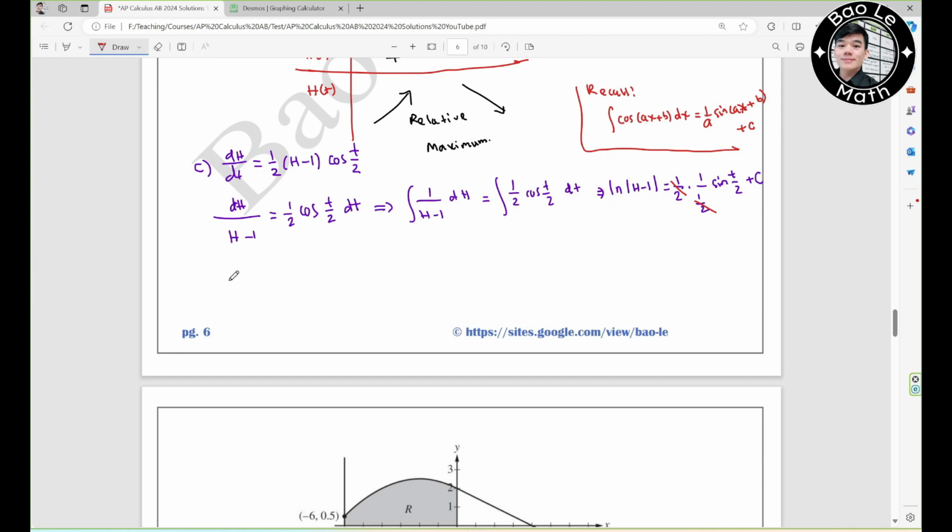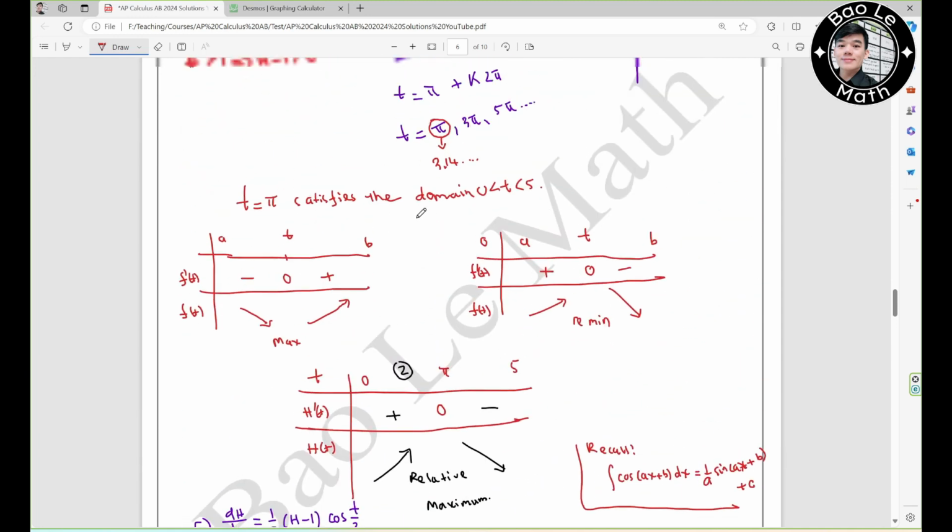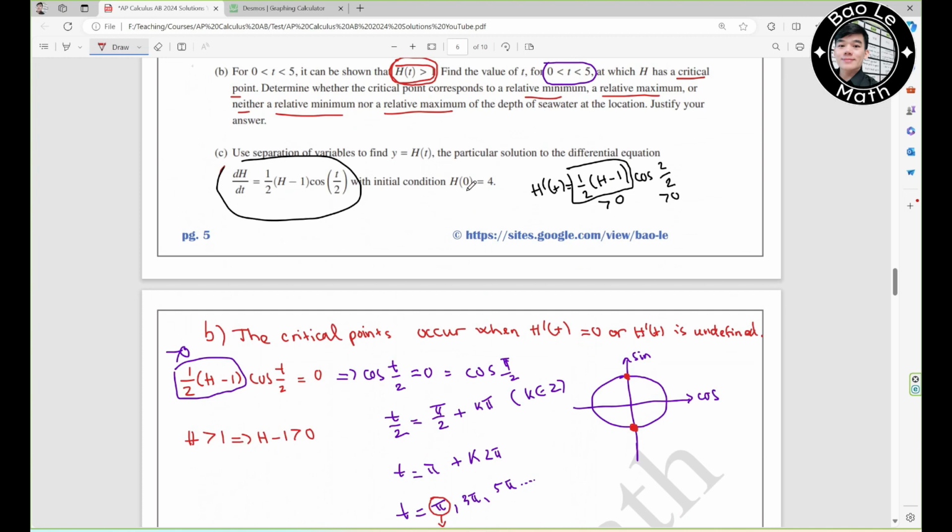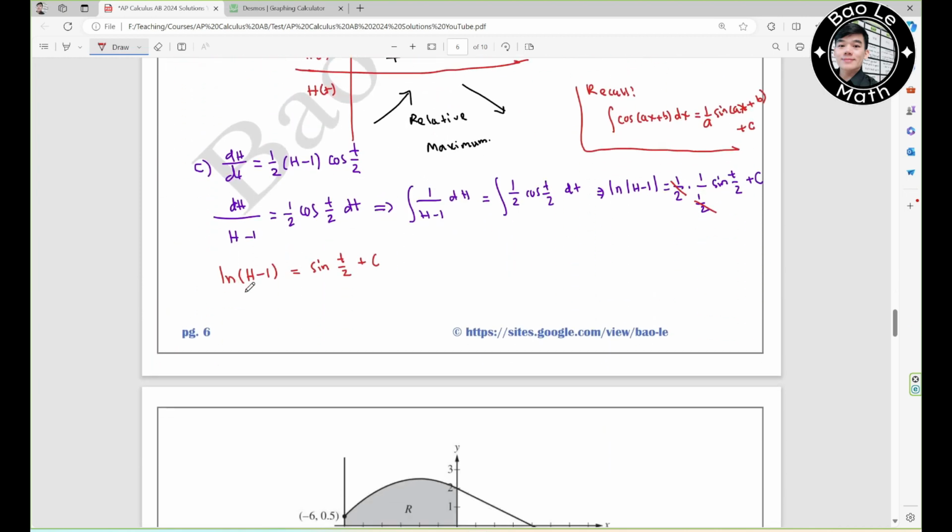It turns out to be natural log of h minus 1 equals sine t over 2 plus c. Now we have the initial condition h of 0 equals 4. So natural log of 4 minus 1 equals sine 0 divided by 2 plus c. So c equals natural log of 3.